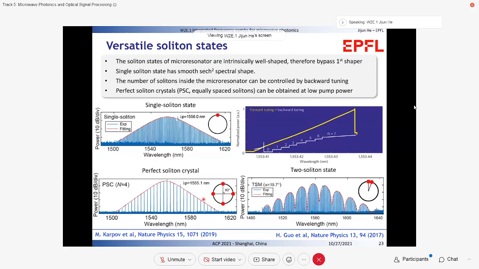And it was recently found that a perfect soliton crystal can be obtained at low pump power. Perfect soliton crystals are equally spaced in one round trip. Here shows four equally spaced solitons, and therefore the comb spacing is also enlarged by 4 times. And all these different soliton states will be used for the reconfiguration of RF photonic filters, so that we don't need the second pulse shaper.